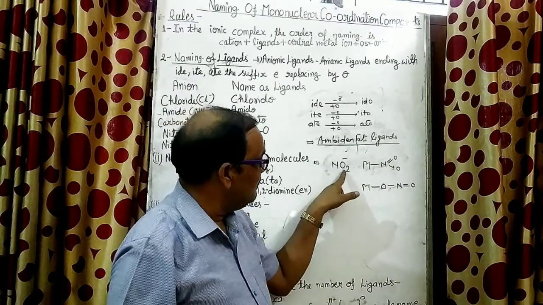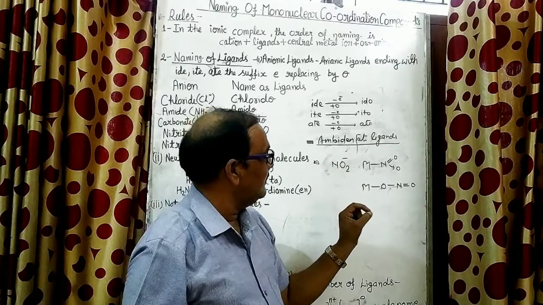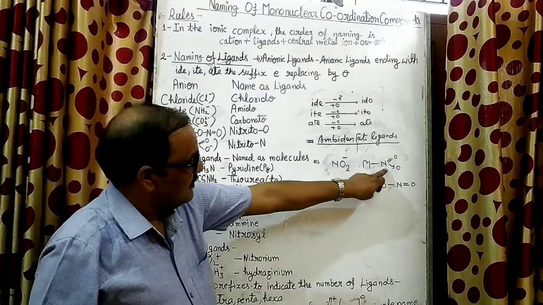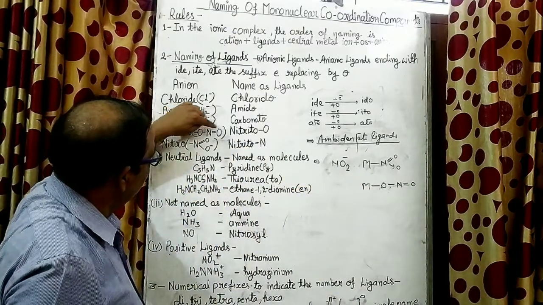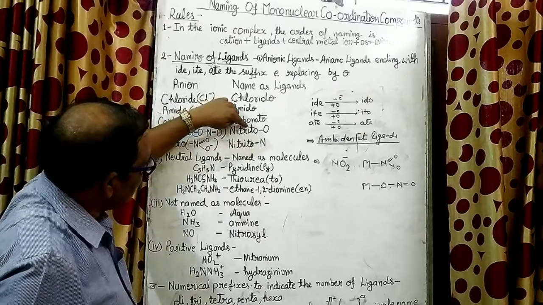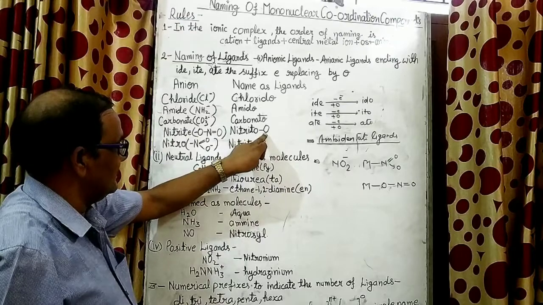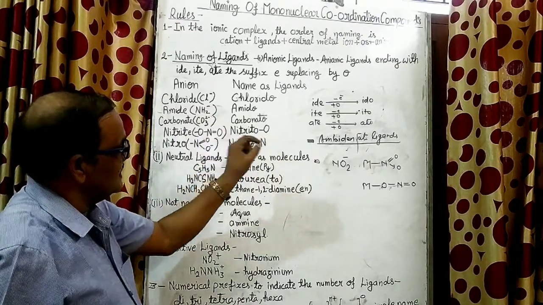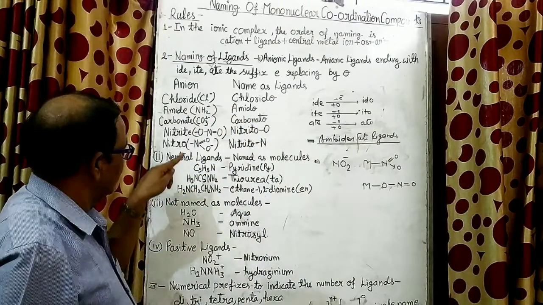Especially in case of ambidentate ligand, during the naming, the linking atom must be indicated, like this is M-ONO, nitrito-O. This O indicates the donor atom of the ligand which is attached to the central metal atom or ion.